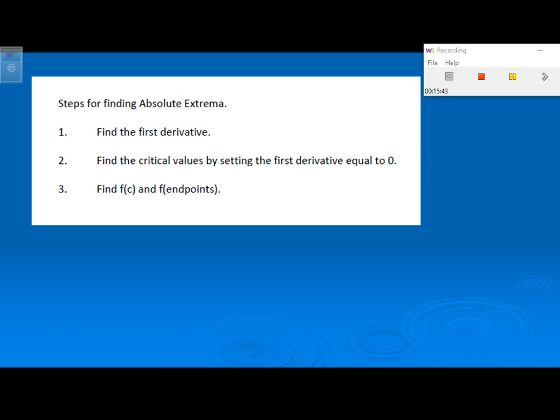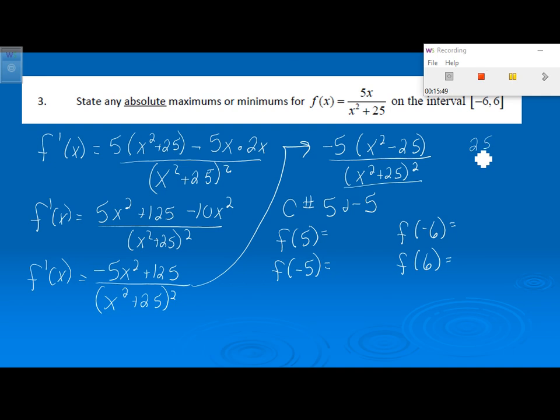So if we plug in 5, I'm going to do this in our heads. 5 times 5 is 25 over 5 squared is 25 plus 25 is 50. So I'm going to get 1/2 for evaluating 5 and negative 5.